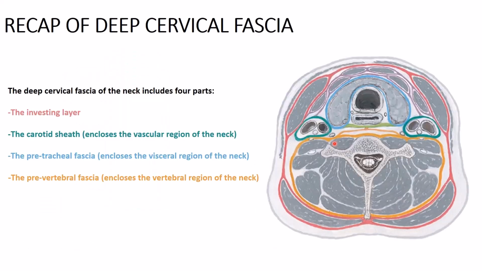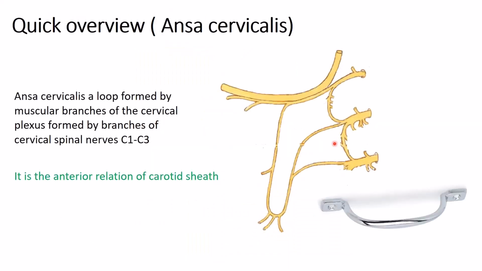Let's come back to a previous slide. Here the superior root lies just anterior to the common carotid, and the inferior root lies anterior to the internal jugular vein. So imagine this is medial, and this is lateral. The superior root lies medially, while the inferior root lies laterally.